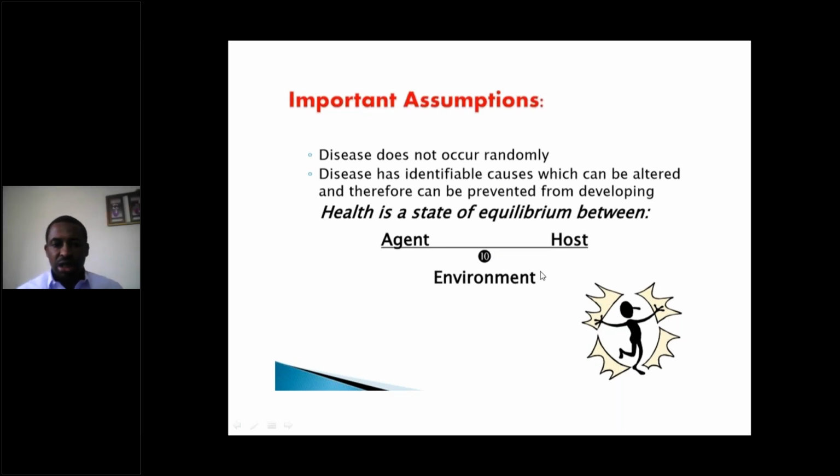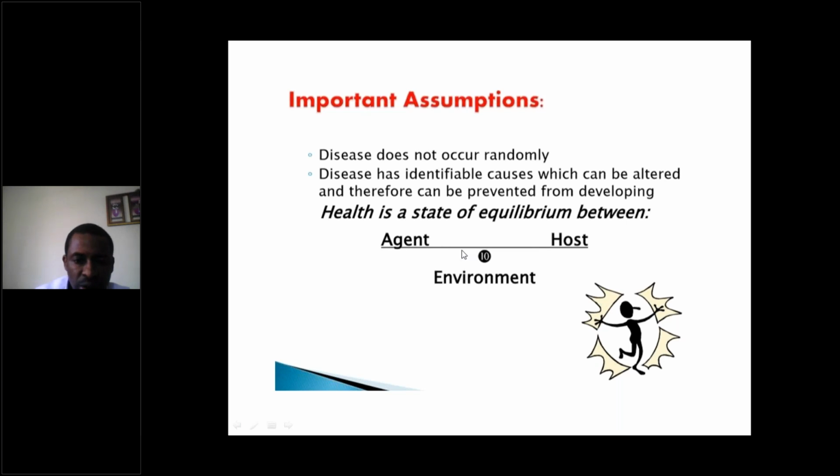So take note, health is a state of equilibrium between agent and host. What do we mean by that? An agent is an organism that is in a body. A host is the person or individual in whose body the organism is. So now you can say this man is healthy.